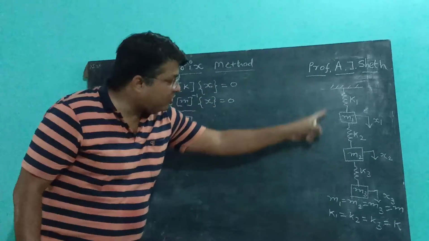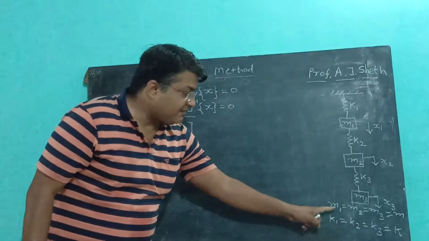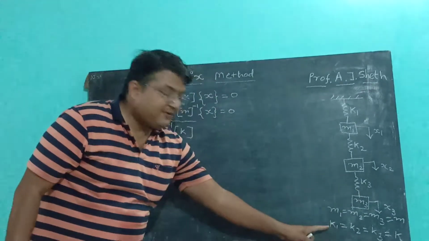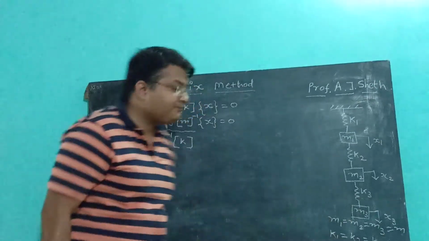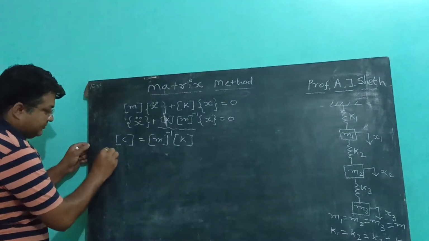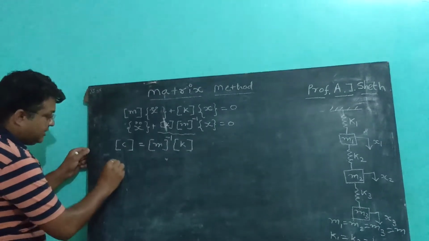For our model, I have taken the assumptions as it is: masses m1, m2 and m3 equal to m, stiffness k1, k2 and k3 equal to k. So the mass matrix will be like this. We are now going to find out m inverse.